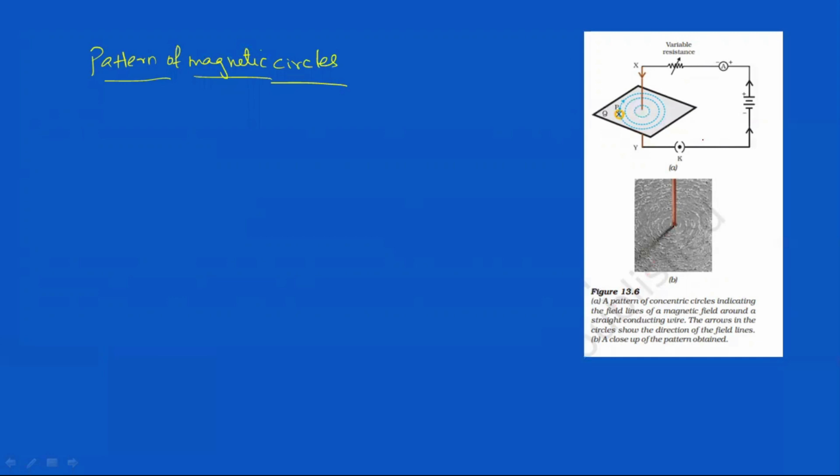So XY is connected to the paper and there is a voltage source of 12 volts, plus minus like this, and a key.